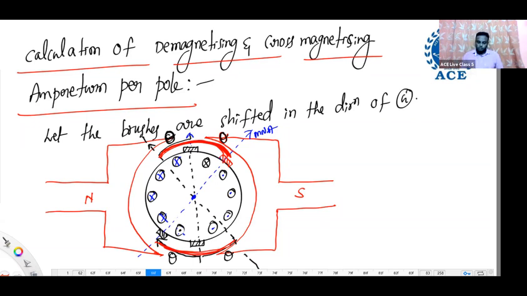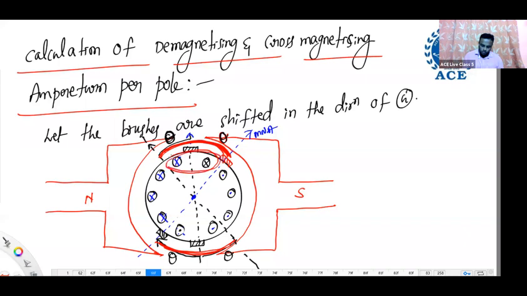Apply here. For these two conductors, there are two slots. Assume two conductors, and apply the right hand thumb rule: the thumb indicates current, four fingers indicate flux. Thumb is going inside the paper and your four fingers rotate clockwise, so the flux due to these conductors is clockwise.